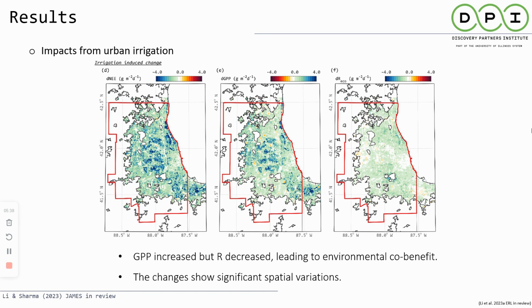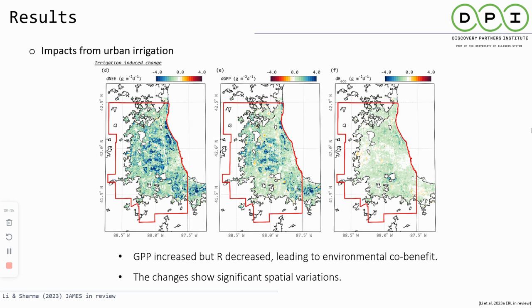But in the event of urban irrigation, in this case we contrast after irrigation versus before irrigation. You can see GPP increases but R decreases. The respiration decrease is because the environmental controls of respiration are temperature and soil moisture. When the temperature drops due to irrigation, it actually decreases the chemical activities, so this leads to an environmental co-benefit.